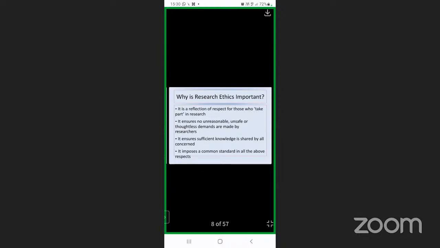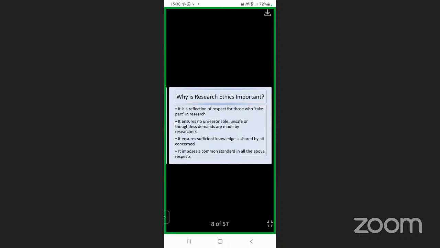The person who is taking part in the research, or someone who is going to invent something, needs respect, and that respect must be reflected by these research ethics.